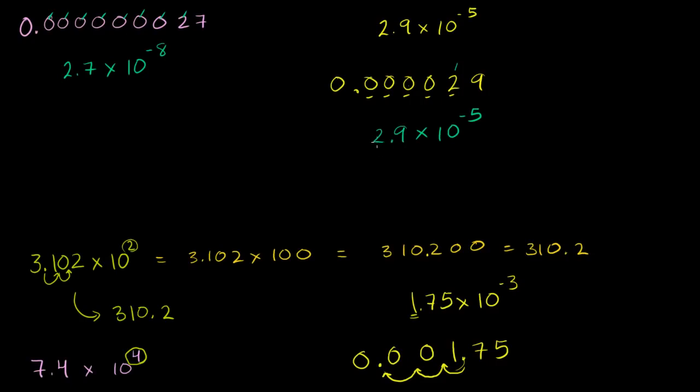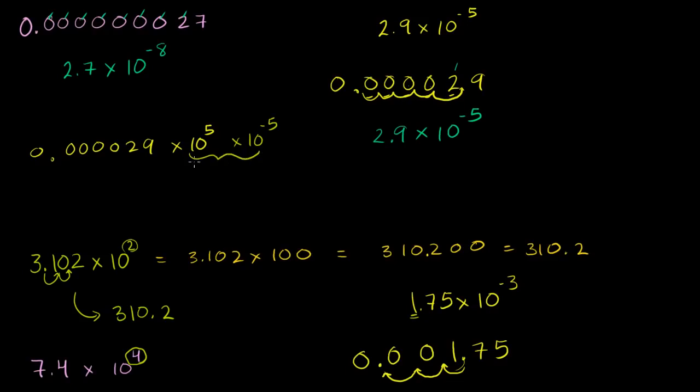And once again, this isn't just some type of black magic here. This actually makes a lot of sense. If I wanted to get this number to 2.9, what I would have to do is move the decimal over 1, 2, 3, 4, 5 spots. And to get the decimal to move to the right by 5 spots, if I multiply it by 10 to the fifth, I'm also going to have to multiply it by 10 to the negative 5, because I don't want to change the number.